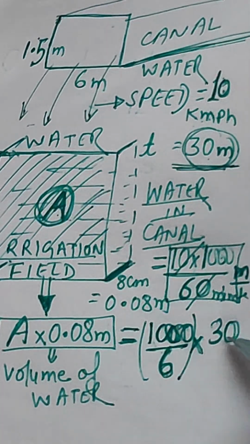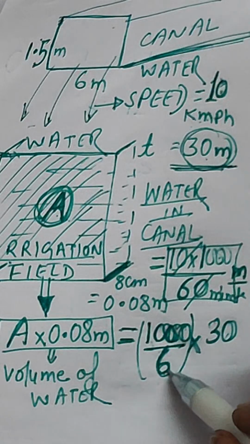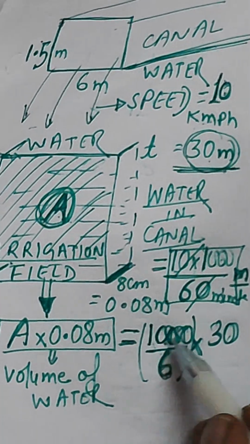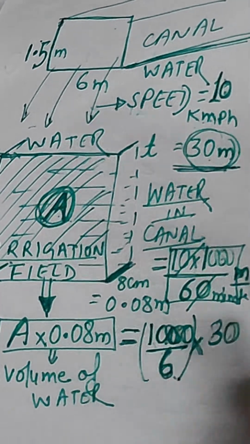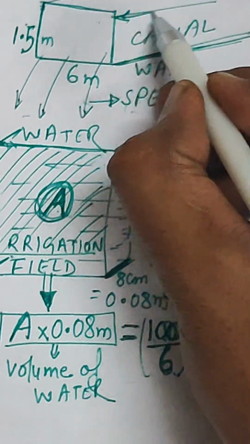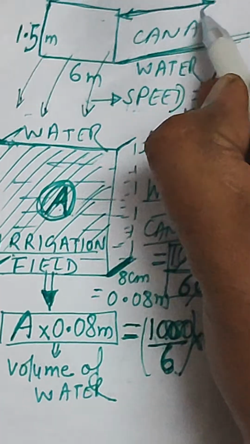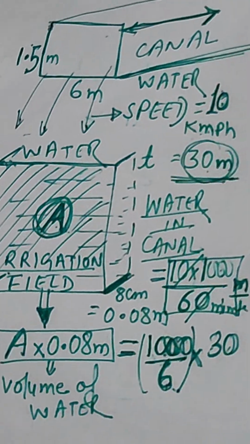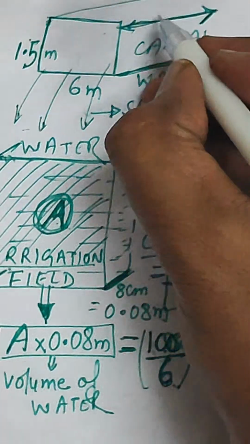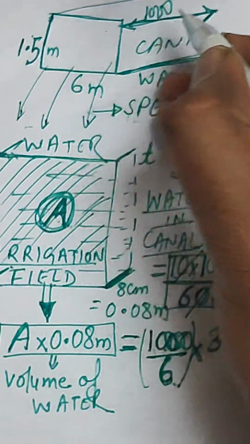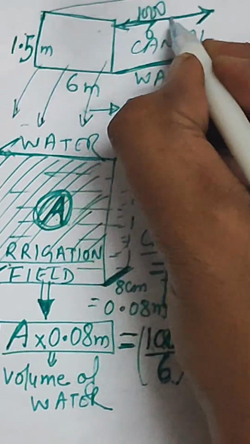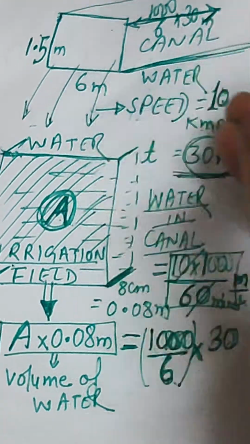So 1000 into 30 by 6 is the water standing over here. This will give you the length of water here, 1000 by 6 into 30 meter.